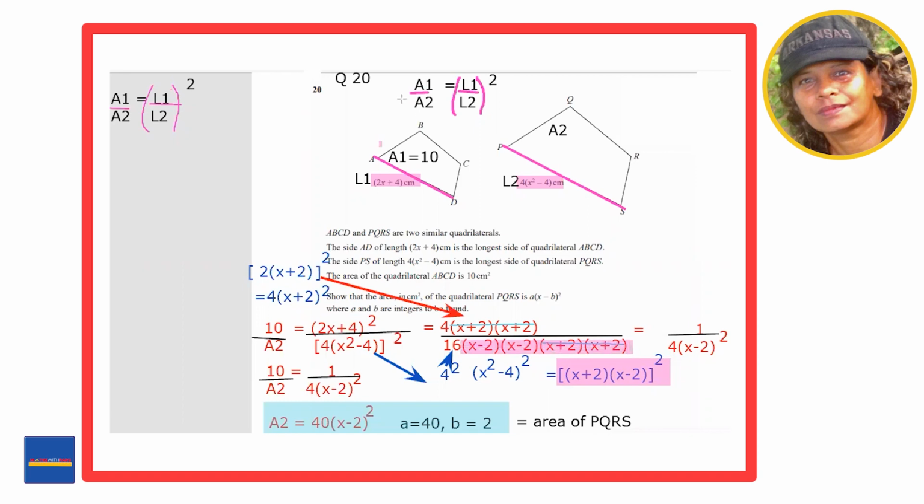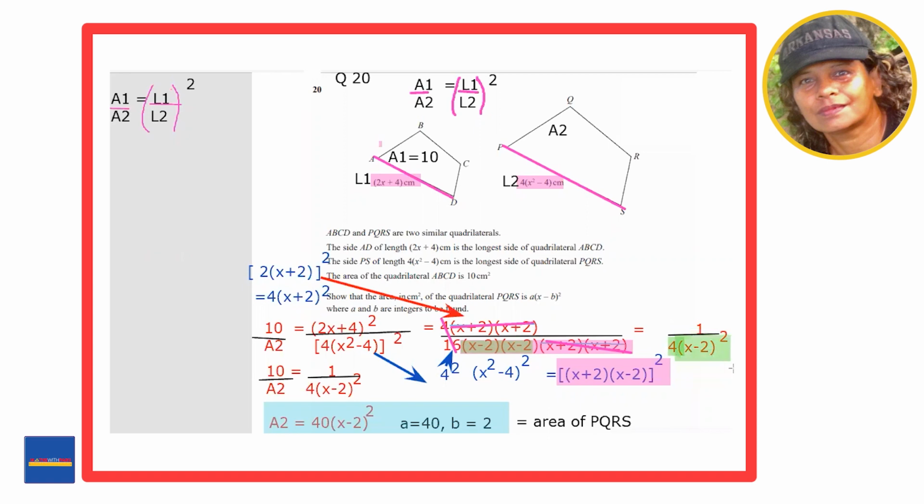We do that because we're going to cancel whatever we can. So we can cancel the x plus 2 and x plus 2 with this x plus 2 and x plus 2. We can cancel the 4 and the 16 so that we have a 4 at the bottom. So we finally end up with a 4 at the bottom and x minus 2 into x minus 2, which is x minus 2 squared.